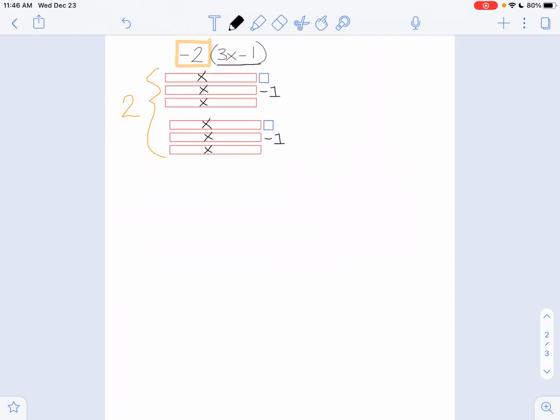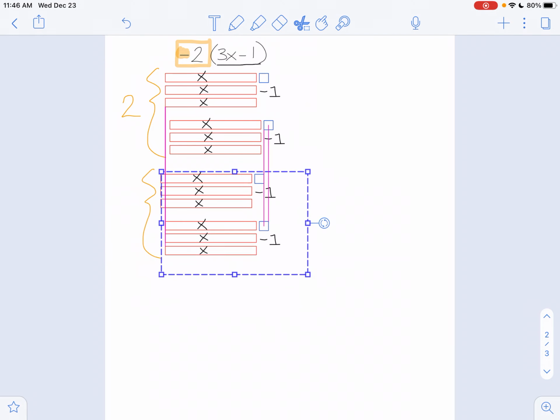But now I have to worry about the negative. I wanted -2, not +2. So I'm going to have to draw a new picture. So I'm going to take all of my tiles here. And remember that subtracting involves adding the opposite. Well, it's the same as multiplying by a -1. You have to change all of the colors. If you change a red to a blue, that's the same as multiplying it by -1.